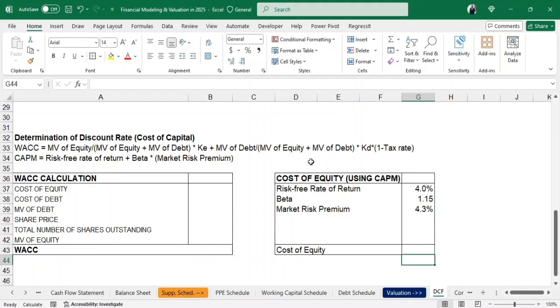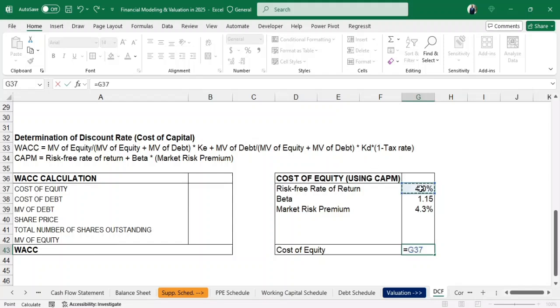Okay, so with this information, I can now calculate my cost of equity. So the cost of equity is going to be equal to my risk-free rate of return plus the beta multiplied by my market risk premium. And I'm going to hit enter.